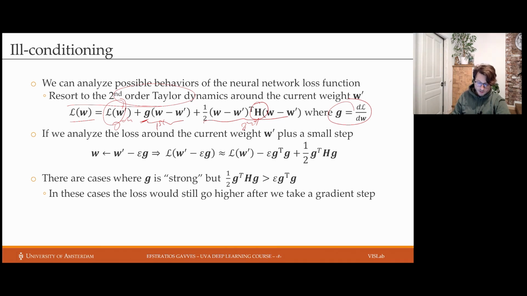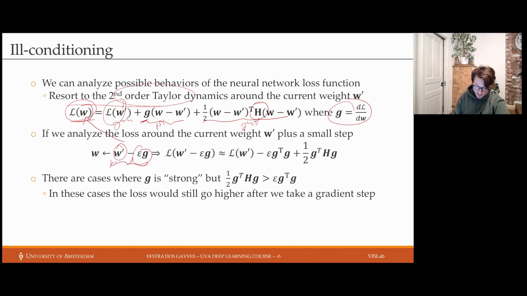Now, let's say that given our Taylor expansion of the loss function, we perform an update around our previous parameter location W prime towards the negative gradient, after rescaling it with a very small number epsilon.